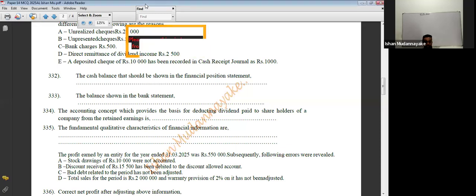Yes, Amani, correct. Yes, Prashanti, correct. The first one is relevance, and the second one is faithful representation. Right, done.